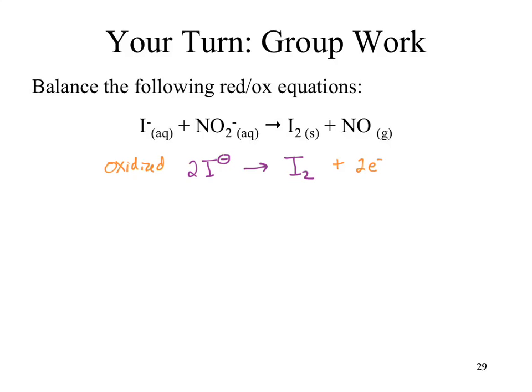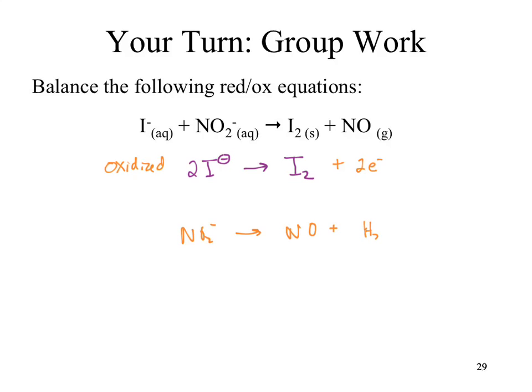What happens with our other half reaction? Balance atoms other than oxygen or hydrogen. So we've got our nitrogens. Are those balanced? Yes. So now what do we do? Now we can balance our oxygen. Is the oxygen balanced? No. What do we need to do?